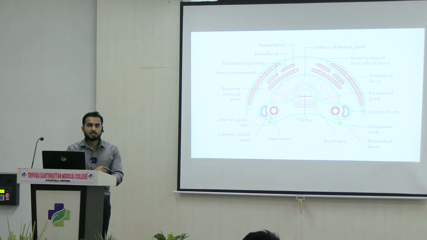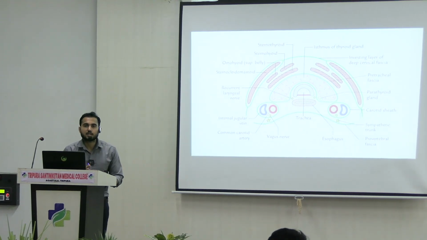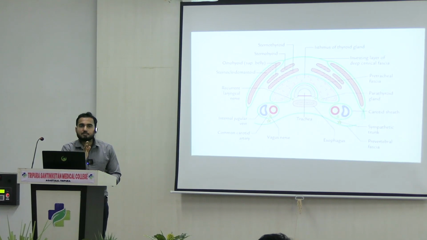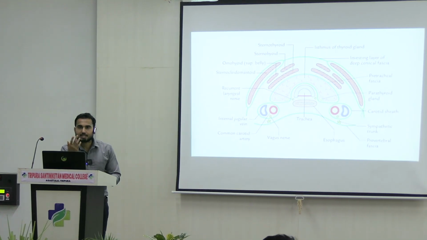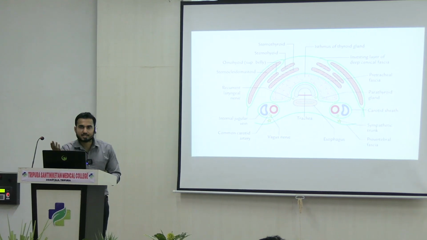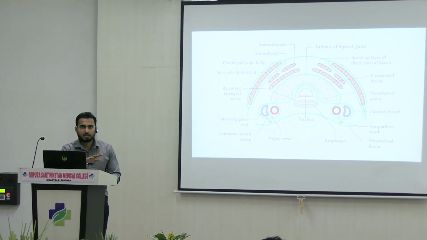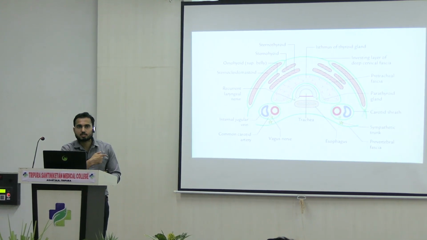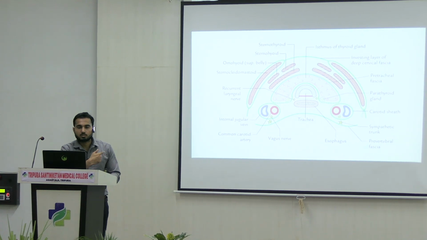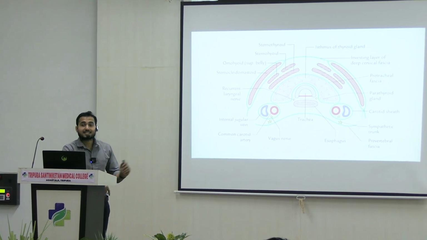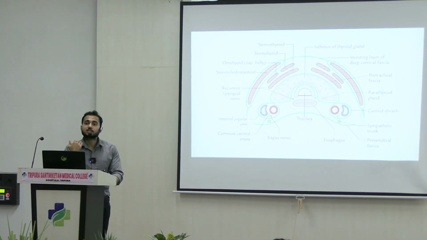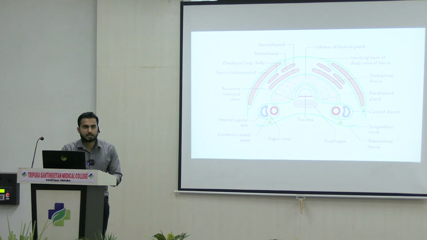Whenever diagrams are shown, a particular section is mentioned: sagittal section, coronal section, axial section, lateral view, right? So which view is this? Axial section of the neck, at the level of the isthmus of the thyroid gland.